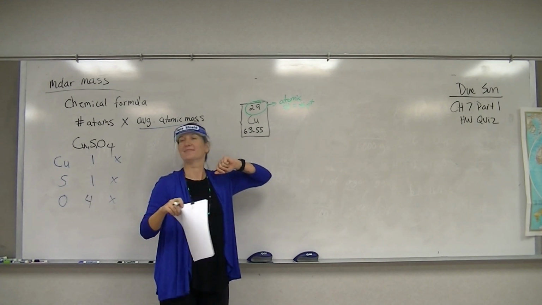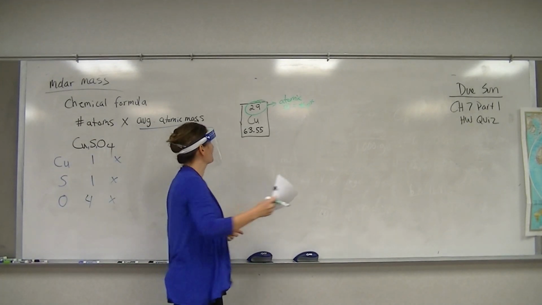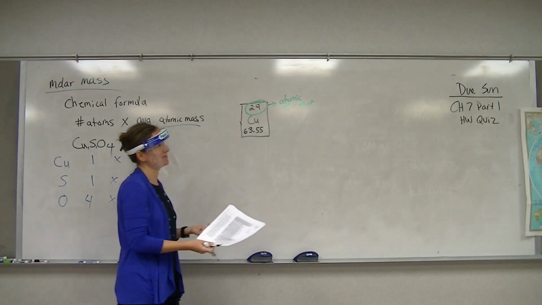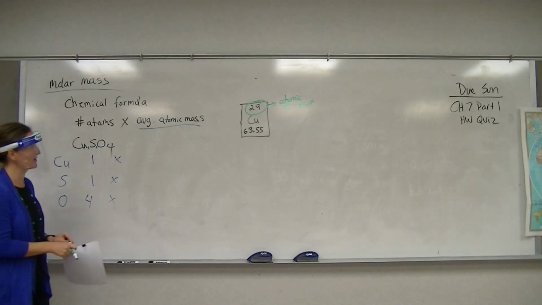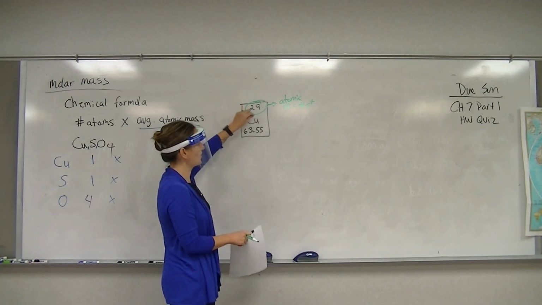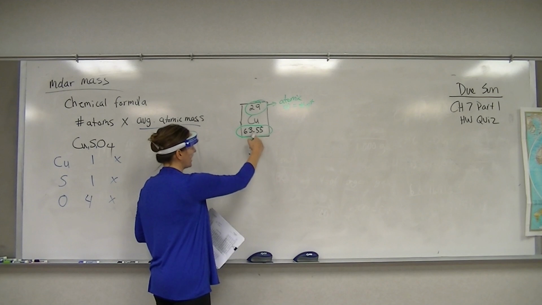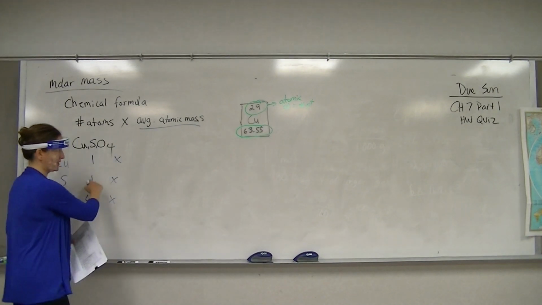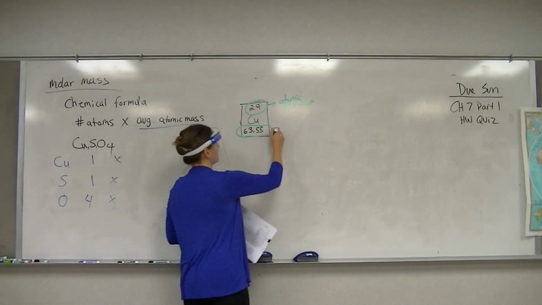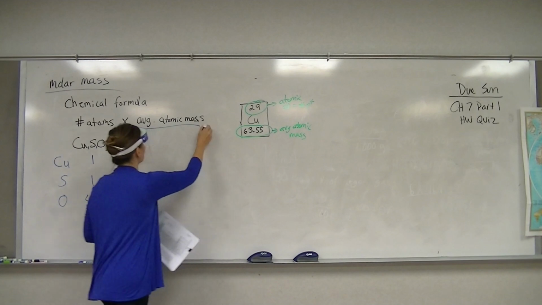Yes. Okay. So you just had an interruption from someone, but if you change the number of protons, I was about to say that next, you change the identity of the element itself. So the number of protons stays the same for all copper atoms. That number won't change. This is the number we want to look at when we calculate molar mass, though, because this number is our average atomic mass.